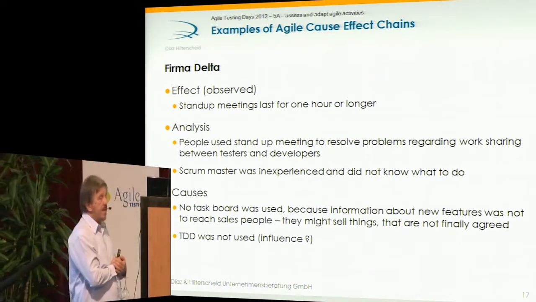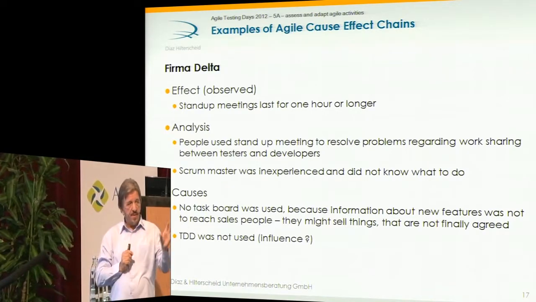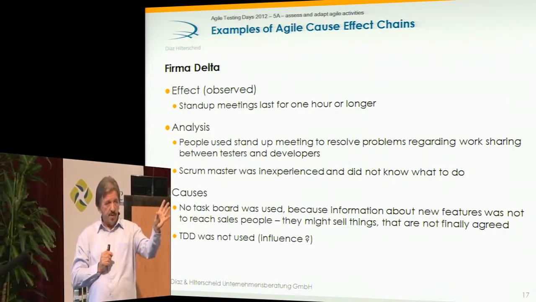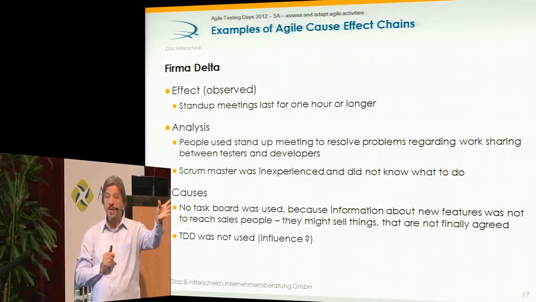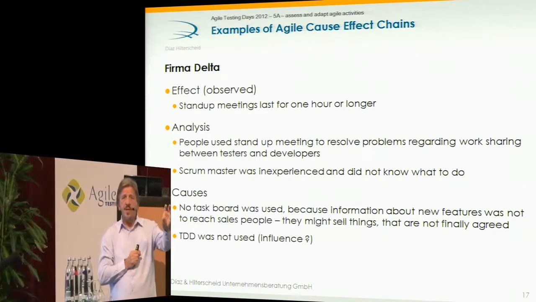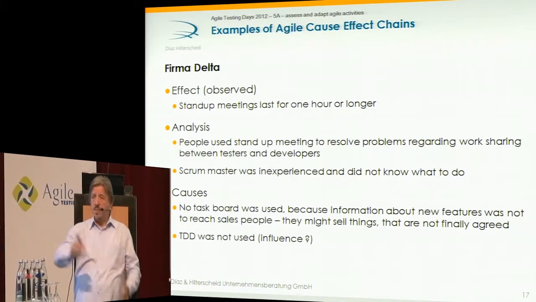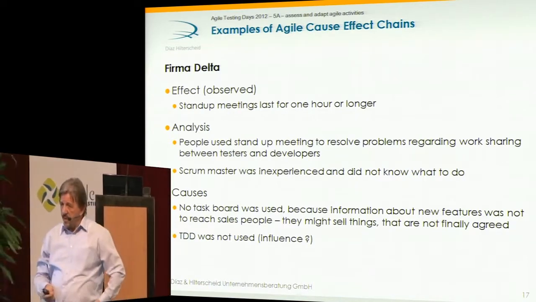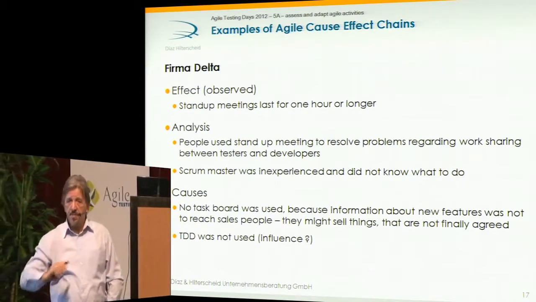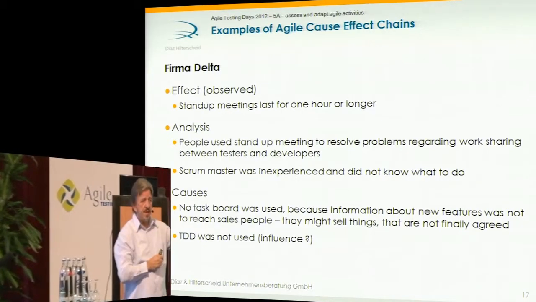And yes, they said, but if these salespeople come past the task board and they see a feature that we even might have put on there as a design spike, for example, they immediately sell that to the customers. They go out and tell the customer, look, this is what we can offer you. Do you want that? And when the customer says yes, they go back into the company and say, look, there is a customer demand on exactly that feature.